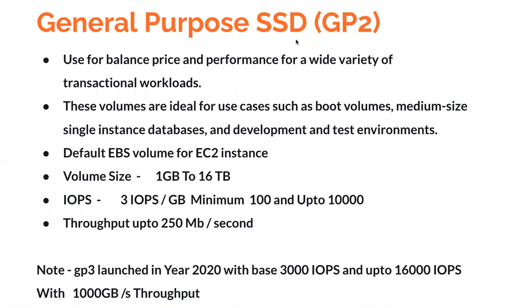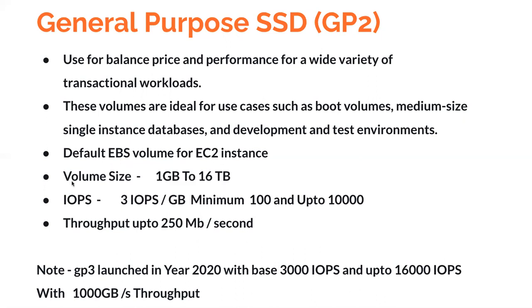General purpose SSD. This is a part of SSD backed EBS volume. It is the default EBS volume for EC2 instances and is used to balance price and performance for a wide variety of transactional workloads. Volume size is minimum 1 GB to 16 TB.